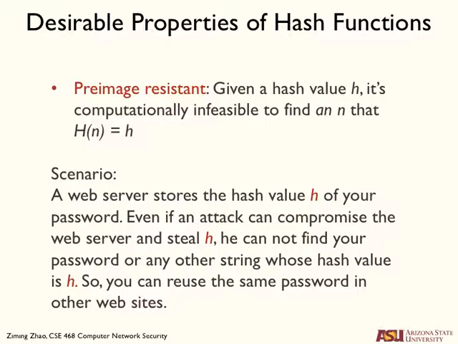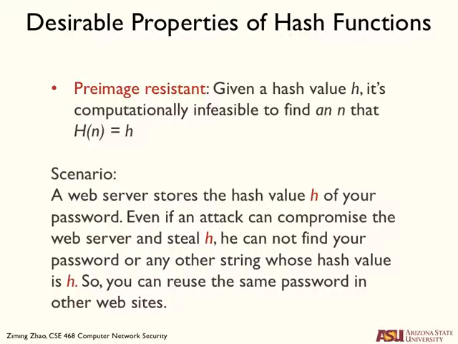The first one: given a hash value, it is computationally infeasible to find a message, any message, that has this hash value. So imagine we use the ASU website example again. The ASU website stores the hash value of your password because it doesn't want to store the plain text or ciphertext.